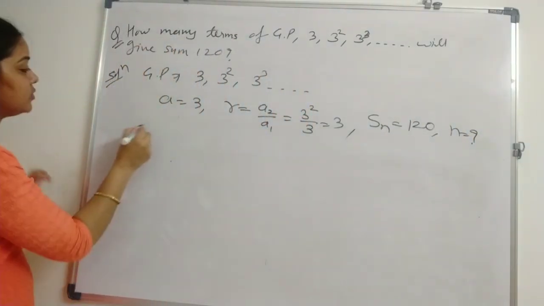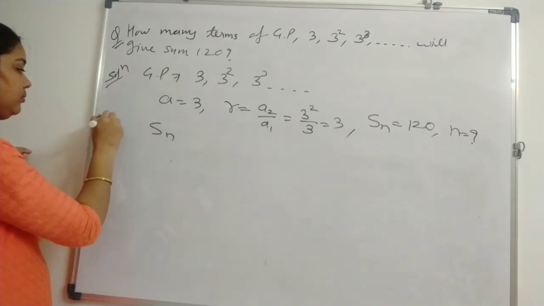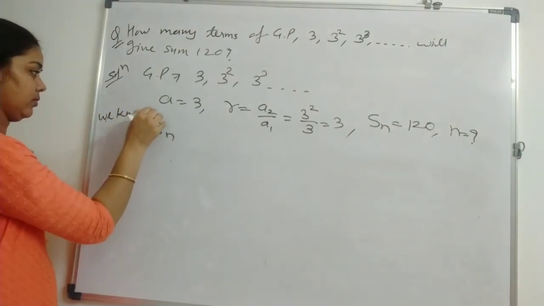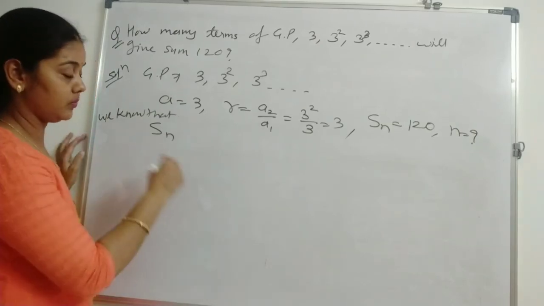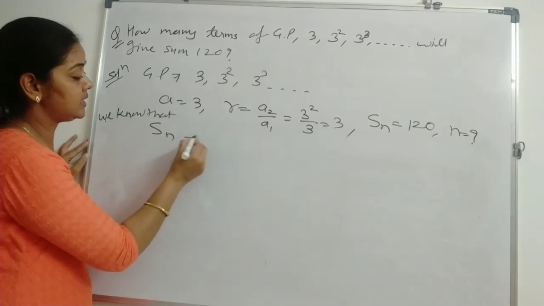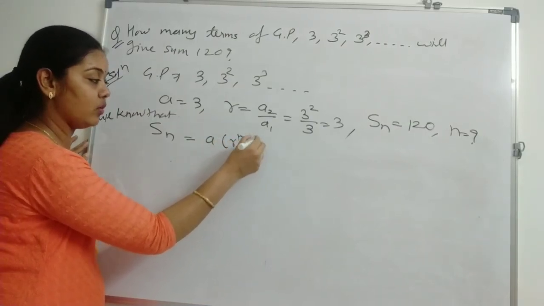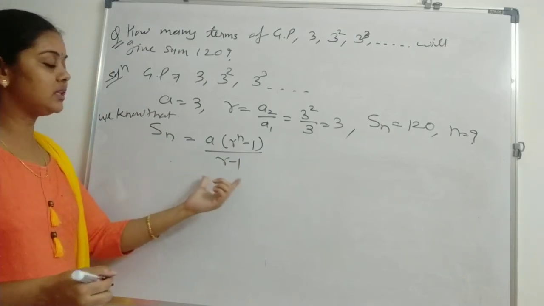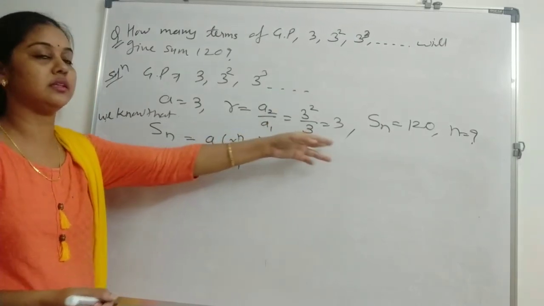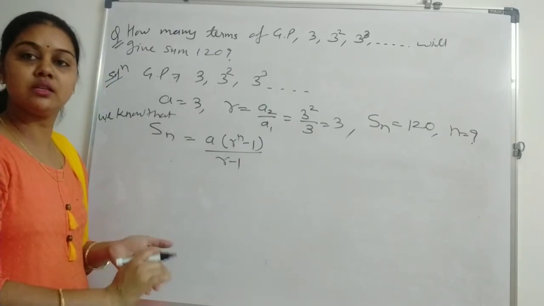Okay? Now use the formula for the sum of n terms, that is Sn, given as a into r raised to power n minus 1 upon r minus 1. I have written this formula because r is greater than 1. You can also write the other formula too. There is no difference.